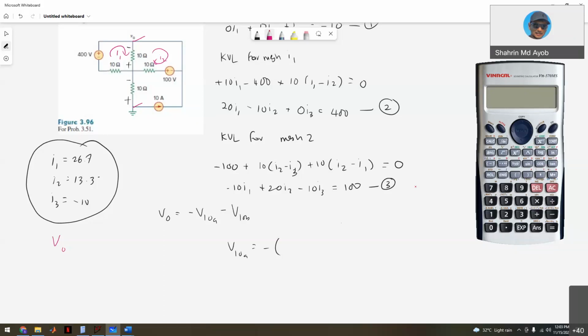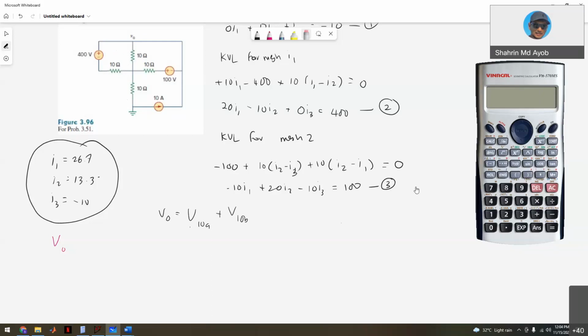It's still just an example. Usually what we do is put this as positive, meaning that VO is the summation of the voltage drops of 10A plus 10B, right? Because positive. Okay, this one is an assumption.